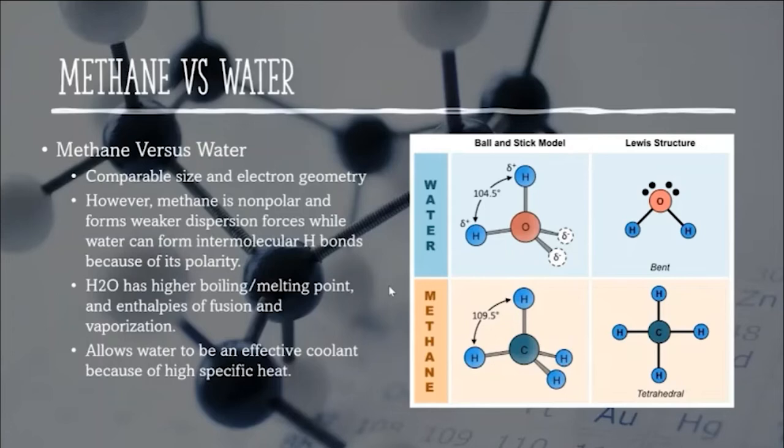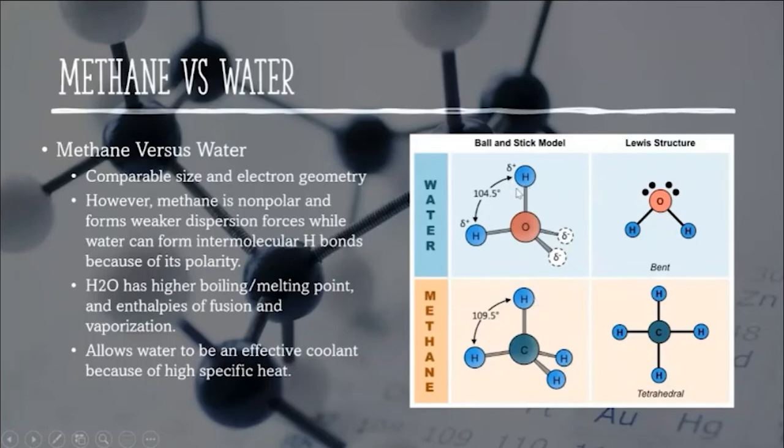However, the differences arise because of their polarity, because water has lone pairs, making it bent, and there's also oxygen's electronegativity. Methane is nonpolar, so it can only form some weak dispersion forces.